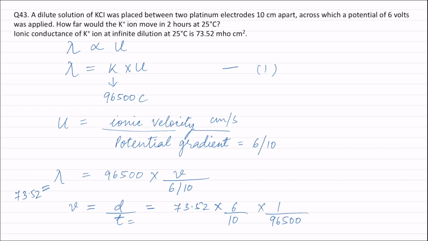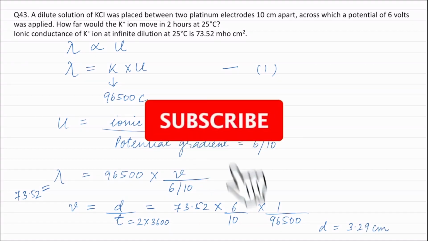The value of time is given as 2 hours, which is equal to 2 into 3600 seconds. Solving this equation, the distance travelled by potassium ion in 2 hours will be equal to 3.29 centimeter.